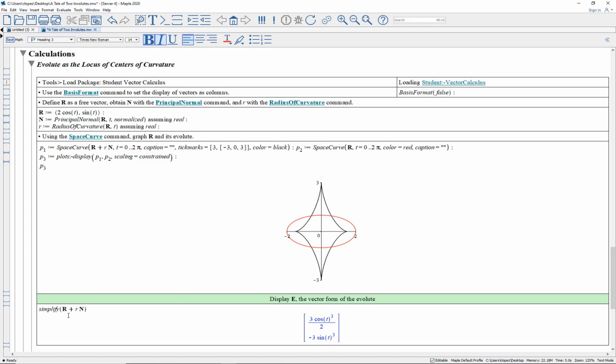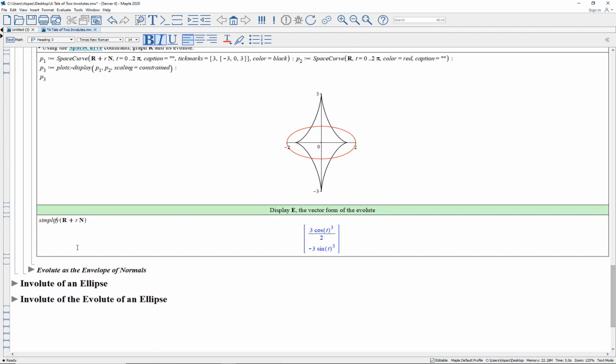Computationally, if I take R plus Rn and tell Maple, okay, simplify that, this is what it looks like: 3/2 cos cubed minus 3 sine cubed. And we'll see this again because we want to compute this a different way and show it's the same.